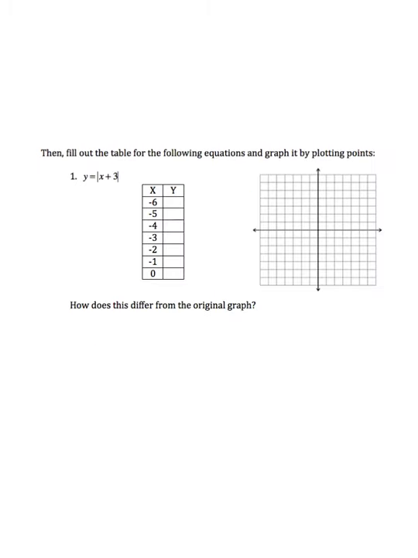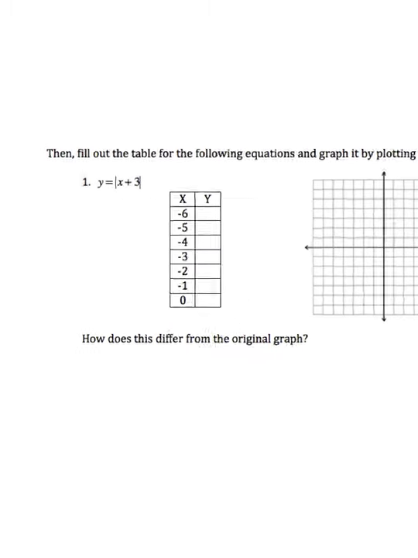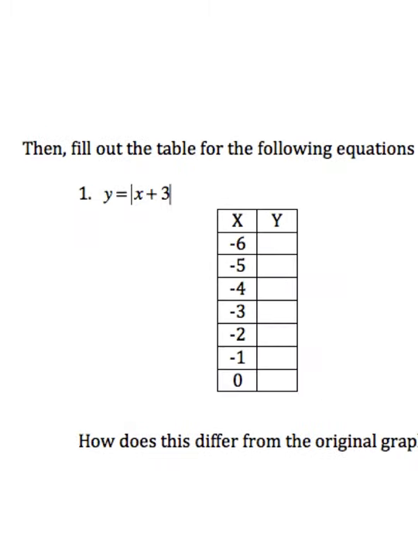Next, let's do this one. So this is pretty much the same thing, except we're taking that x value and we're going to add 3 before we do the absolute value. So let's do that. This one is going to be negative 6 plus 3, which is negative 3. And then we do the absolute value of that, which is 3.